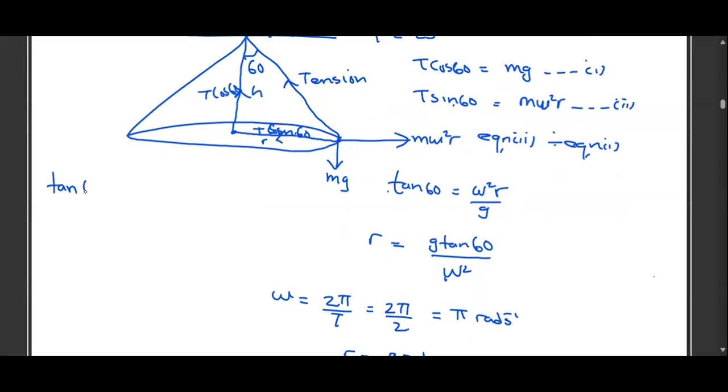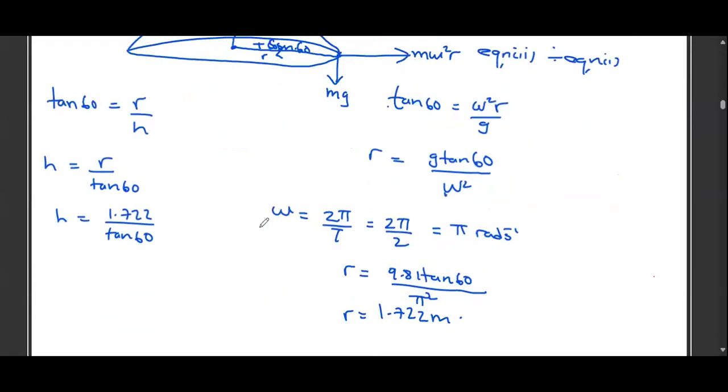Tan 60 is going to equal r, which is this part here, divided by h. So our h is going to be r divided by tan 60. R we have got 1.722 divided by tan 60.